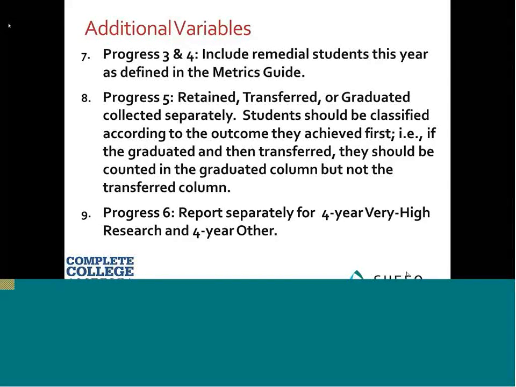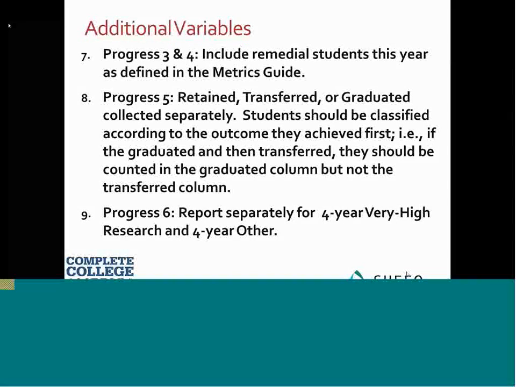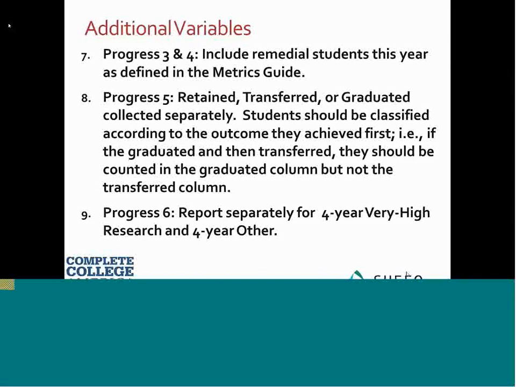Concerned that students were being double counted as transferred and as graduated. So you should use the outcome that they achieved first in this categorization. So if they graduated and then transferred, then they should be counted as graduated.